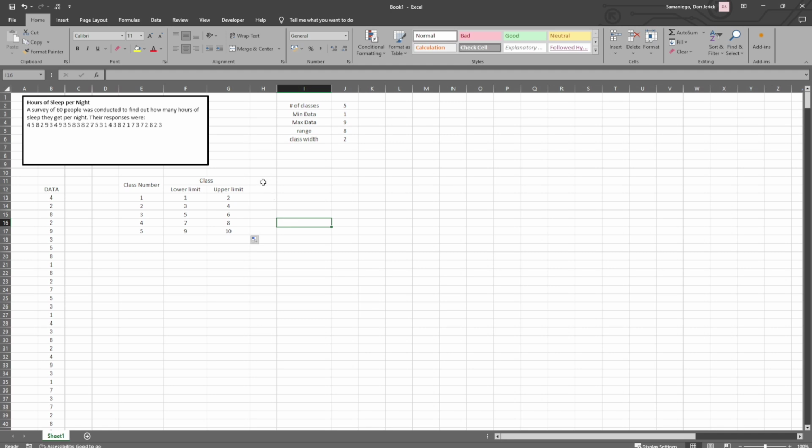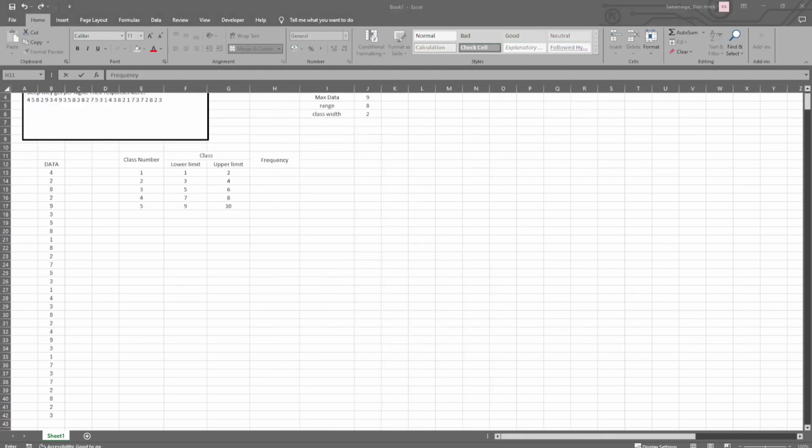And now the next step is to get the frequency. Frequency is equal to the frequency function, the frequency times the two in the upper limit.